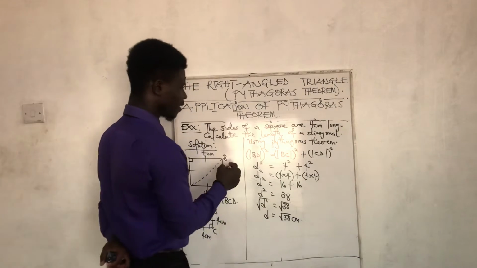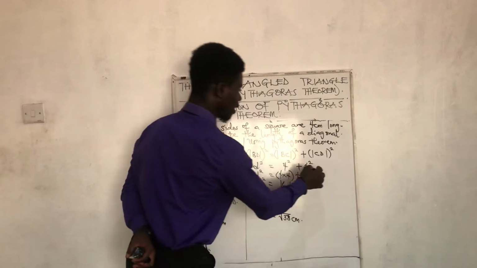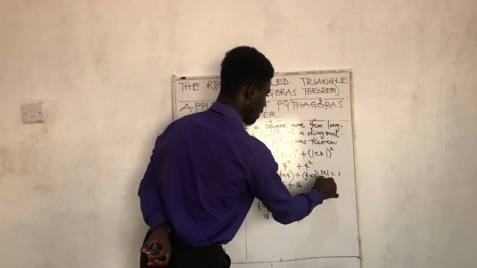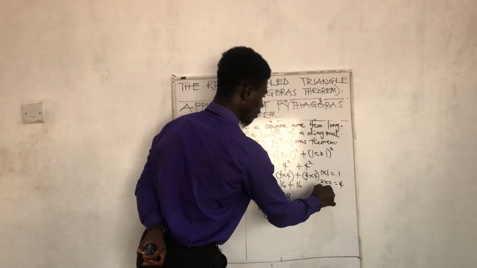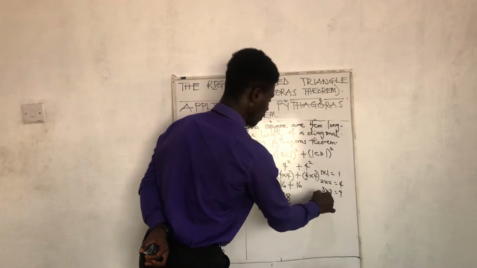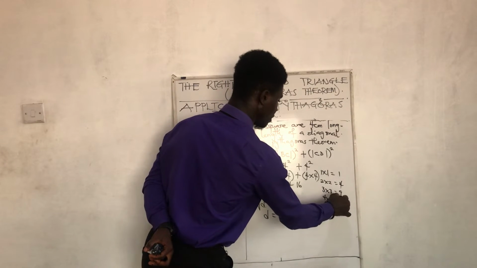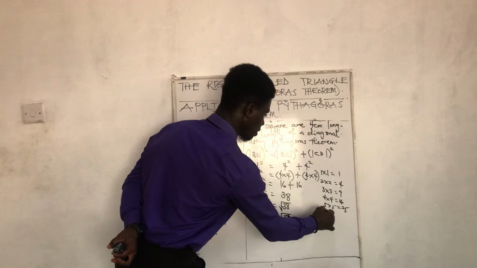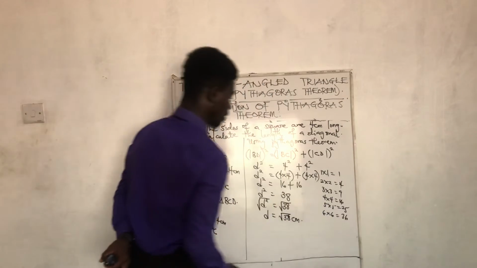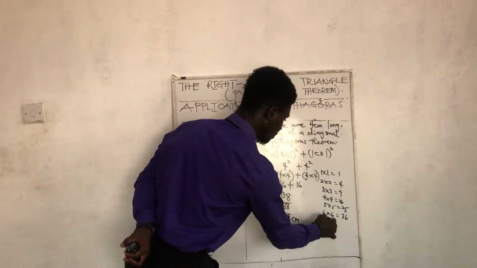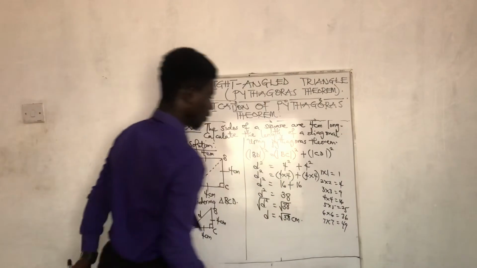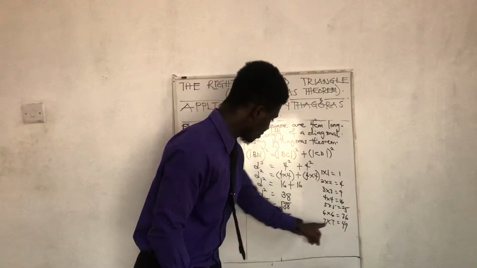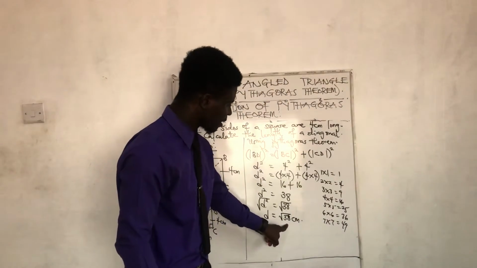Let's see whether I can recall. 1 times 1 gives us 1. 2 times 2 gives us 4. 3 times 3 gives us 9. 4 times 4 gives us 16. 5 times 5 is 25. 6 times 6 is 36, right? Then 7 times 7 is 49.